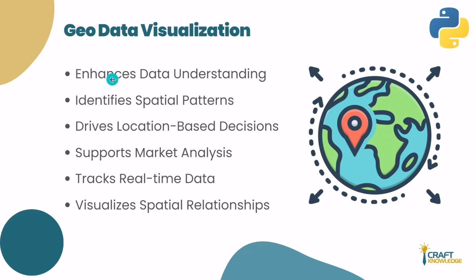So it basically enhances data understanding. Depending upon the location, how much sales have been made, how much profit has been generated, and so on. It also identifies the spatial patterns as well.